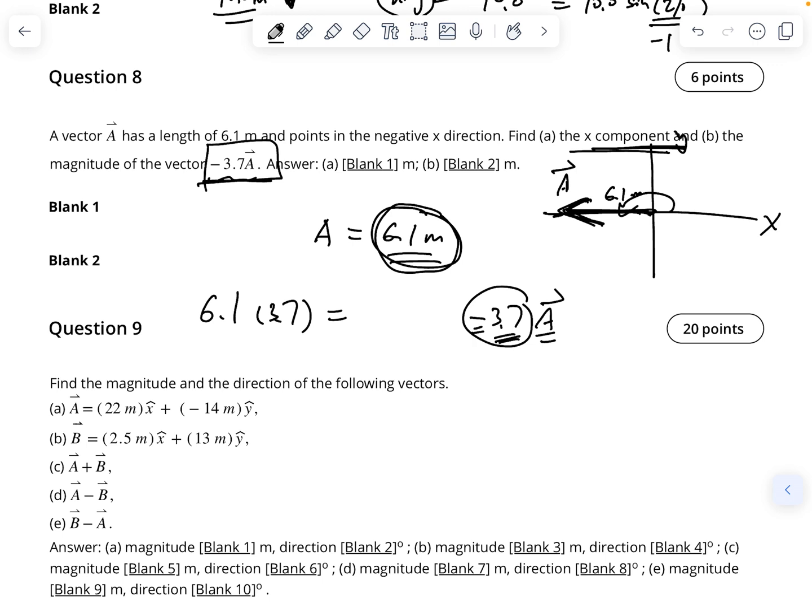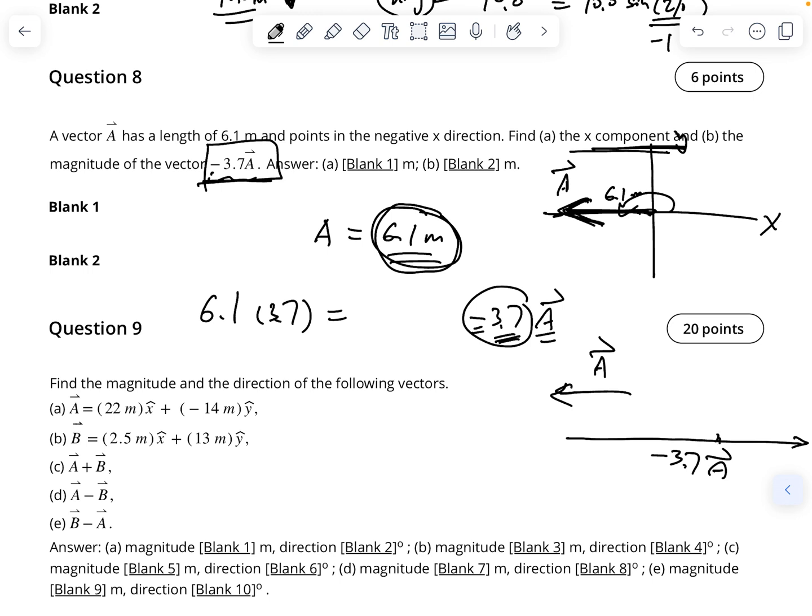This is A, and with 3.7 we make it 3.7 times longer, and then with the negative, you flip the direction. Okay, so this is negative 3.7A.